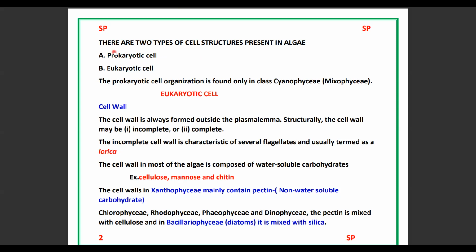So according to this classification, only one class belongs to prokaryotic organisms, that is Cyanophyceae or Myxophyceae or Cyanobacteria or blue-green algae. Except Cyanophyceae, all the remaining classes show the eukaryotic cell.